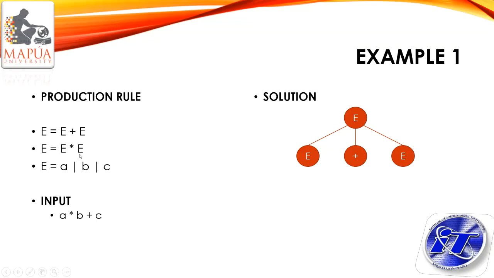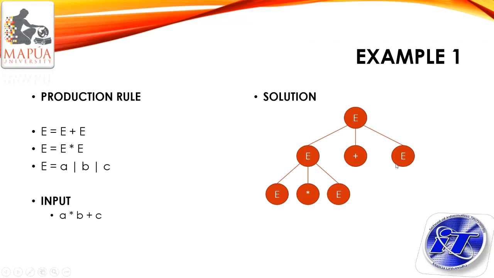So E will be replaced by E times E, and we have three additional nodes. If we read the leaf nodes from left to right, we have E times E plus E. This format compared to the input is the same. Now we could obtain the input based on the third rule.